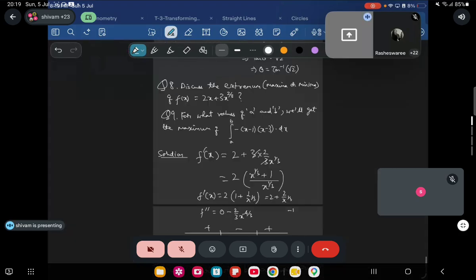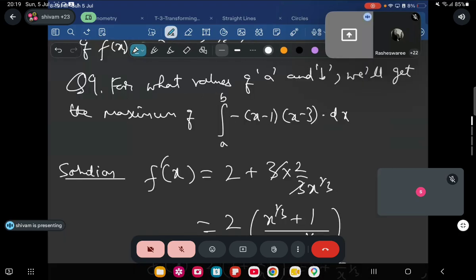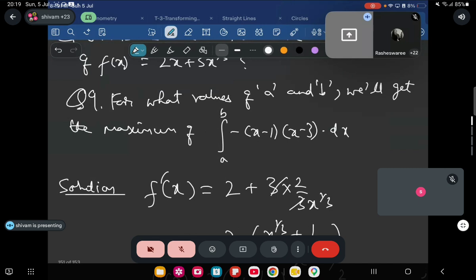Easy. For what values of a and b will we get the maximum of the integral from a to b? Yes, Oipsha, right answer. Swapnil, your answer is correct. Adrija, right answer.